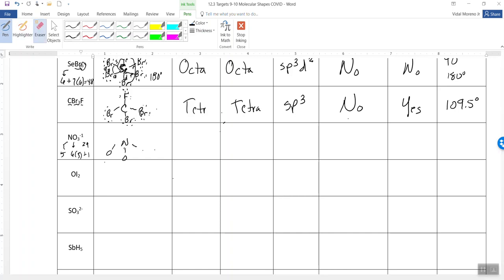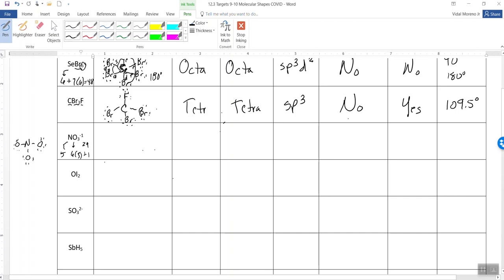I don't think this is right. Let's go back. Let's draw it over here. 2, 4, 6, 8, 10, 12, 14, 16, 18, 20, 22, 24. We've run out of electrons.